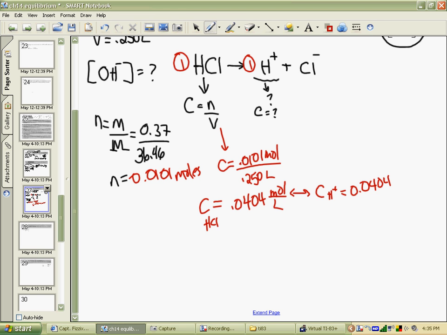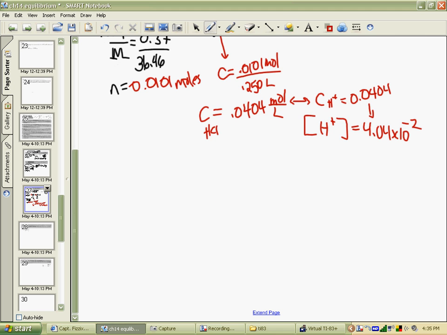So if that's our concentration of hydrogen ions, 4.04 times 10 to the minus 2, if this is our concentration of H+, we can easily get our concentration of OH-. It's 1 times 10 to the negative 14 divided by 4.04 times 10 to the minus 2.